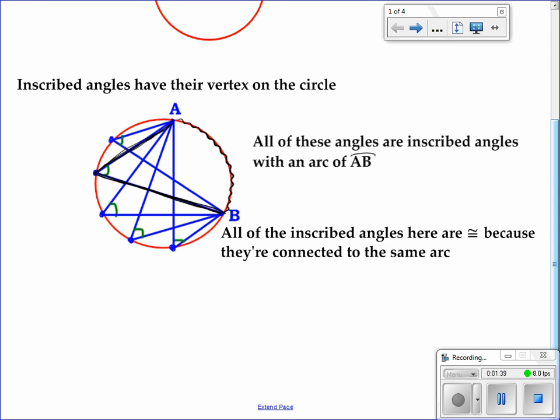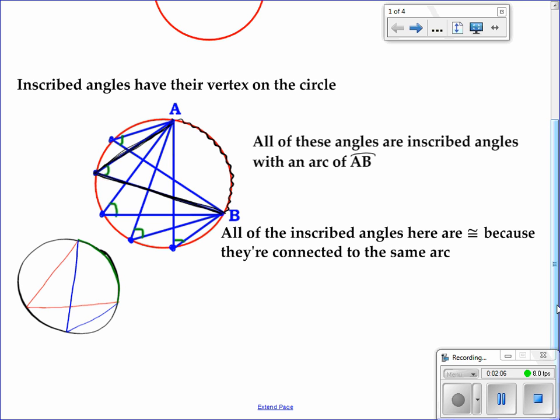Okay, so if you have multiple arcs, let me draw a picture here with different colored angles so it's a little bit easier to see. If you had this angle right here and you had another angle that was open up to the same arc right here, then we know that those two angles would have to have the same measure.